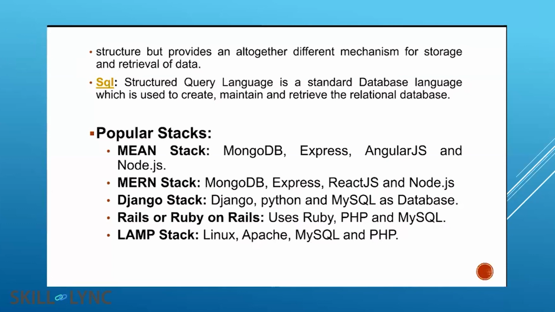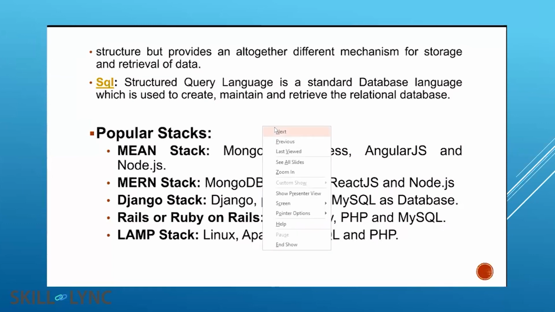There are so many types of stacks: MEAN, MERN, Django stacks, even the LAMP stack, with Linux, Apache, MySQL. But now the popular ways people go with are the MEAN and MERN stacks.